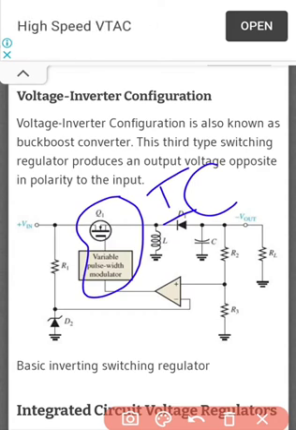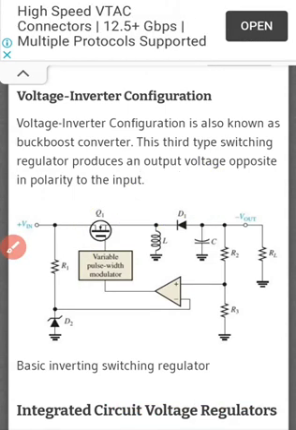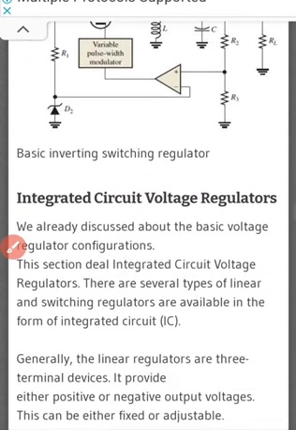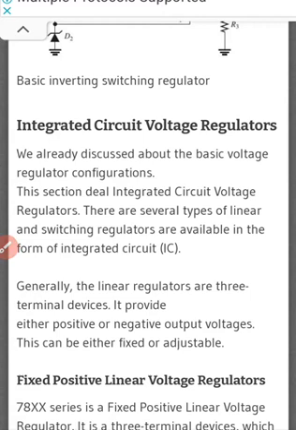The integrated circuits used in place of the MOSFET or op-amp have several types, both linear and switching regulators, because in whatever arrangement we have seen for linear and switching regulators, we just have to replace the main differentiator with the IC.